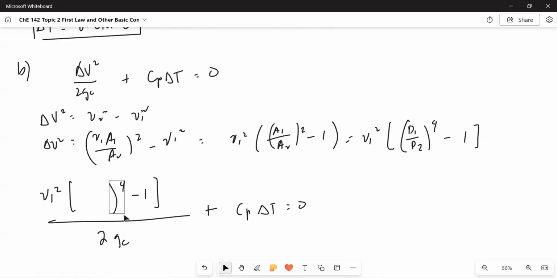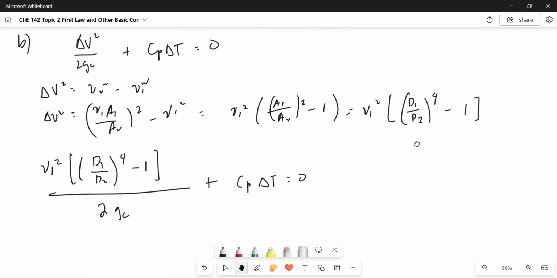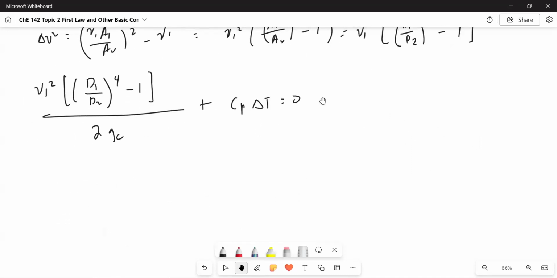Let's rewrite everything. D1 over D2, okay? So if D2 approaches infinity, what would be delta T?